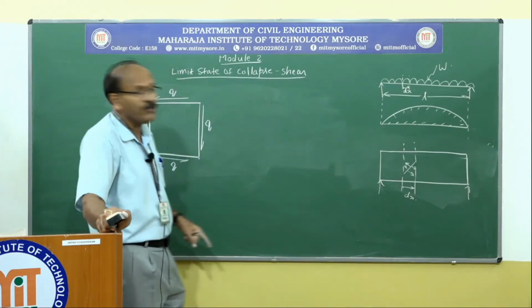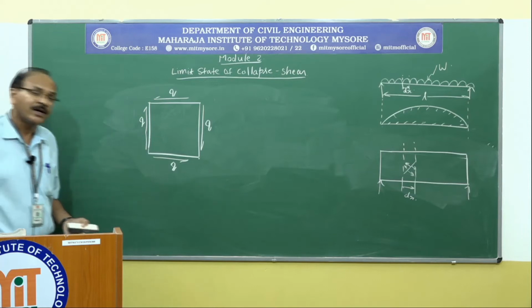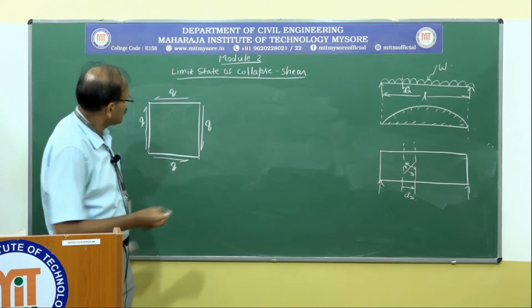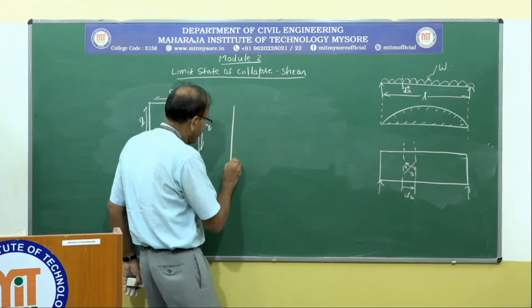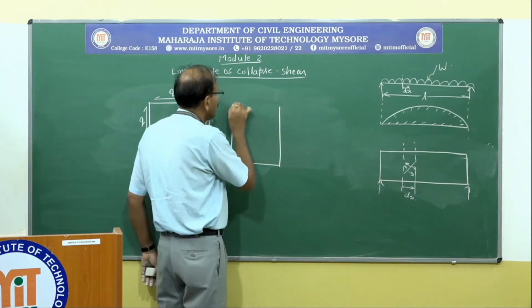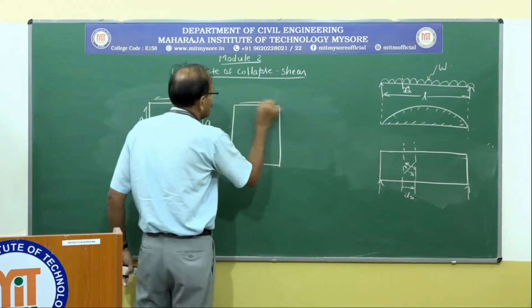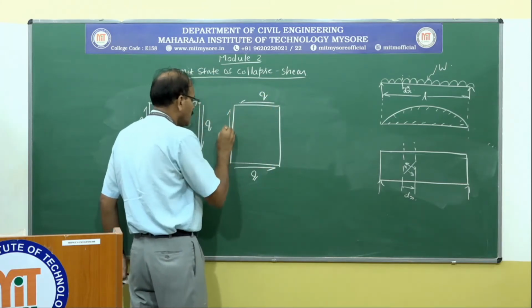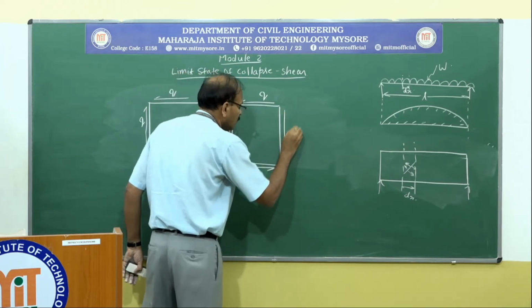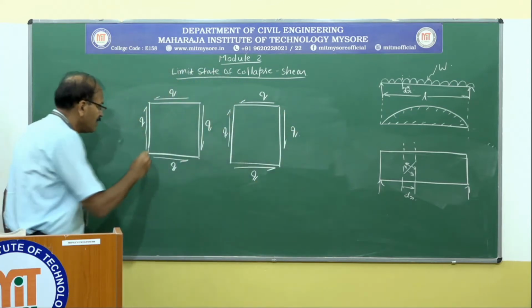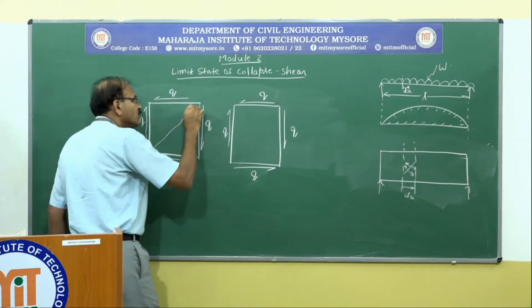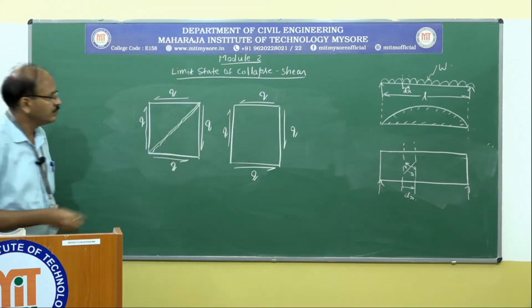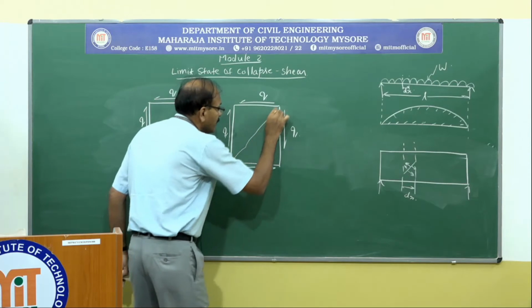So to take care of that failure, what we do is we are going to provide reinforcement. Those reinforcements are called shear reinforcements. So what are the kinds of shear reinforcements we can provide? So this is Q, this is Q. I said if it fails due to diagonal tension like this, like this, same element.